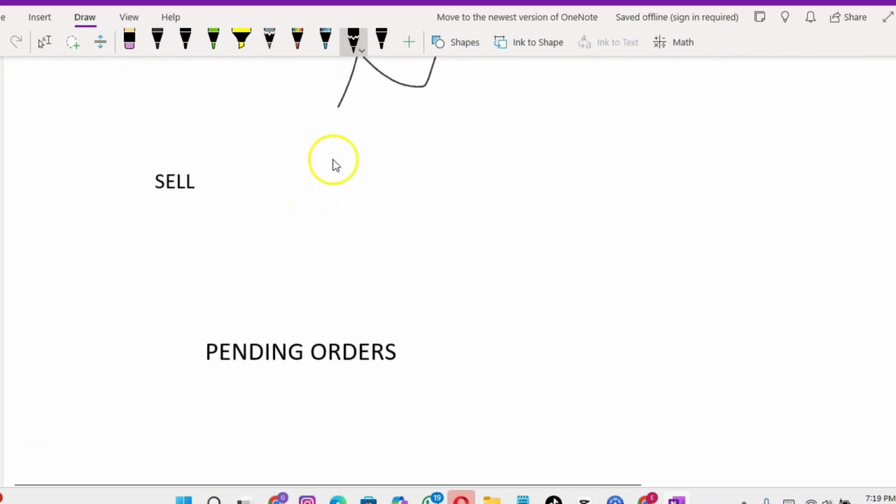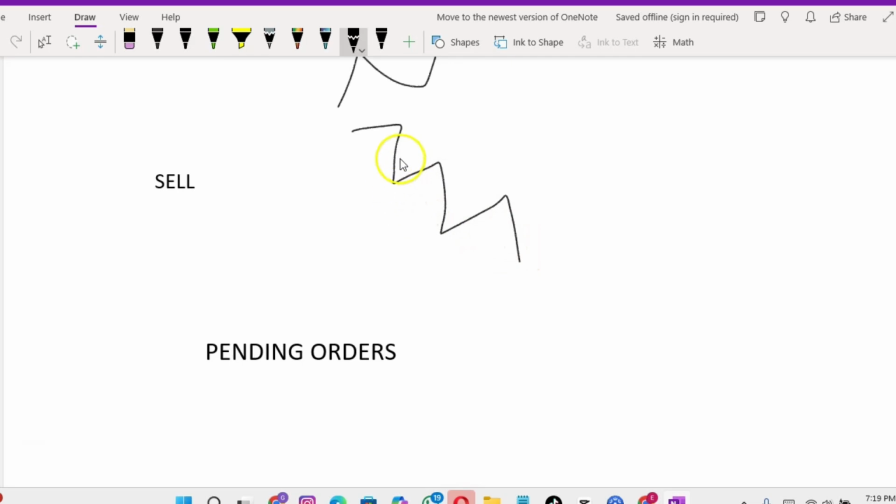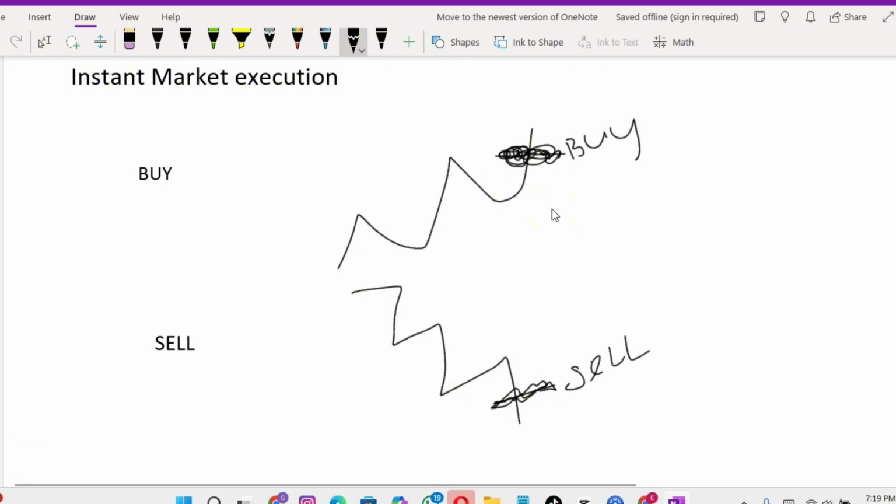Same thing goes for a sell. If you are clicking the sell button, it means that you are telling your broker to take me in at this particular price. Open a trade now, instantly. So that's instant execution. There are many ways you can place a trade.